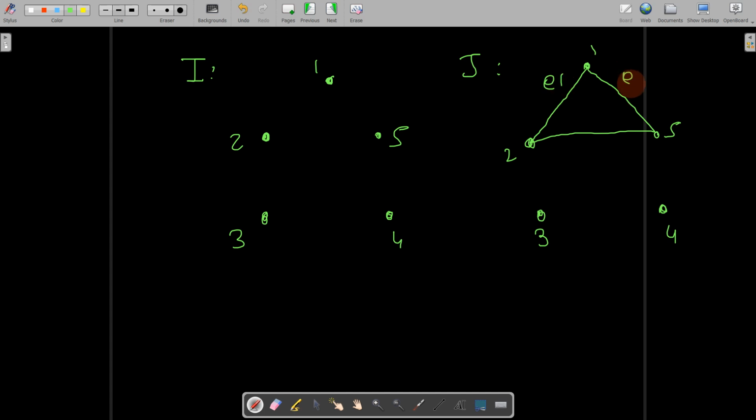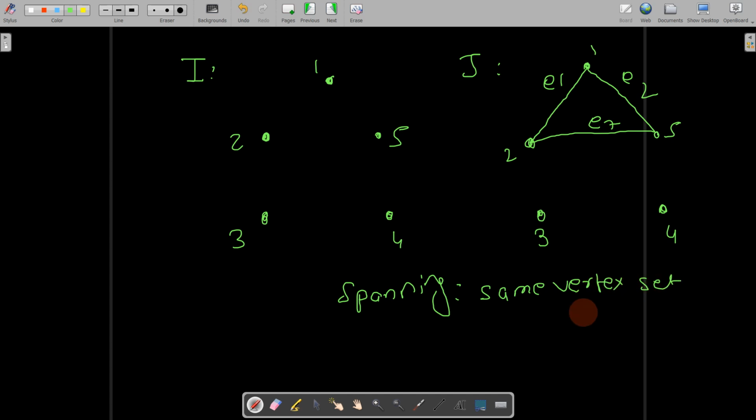So this is also an example of a spanning subgraph. So spanning means the same vertex set as the original. This is the only condition. Any number of edges you can pick from the original graph.